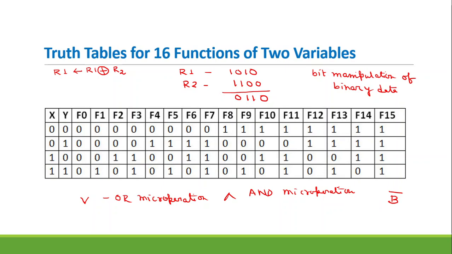There are 16 different logic operations that can be performed with two binary variables. They can be determined from the truth tables given in this slide. Here the 16 columns F0 to F15 represent the truth table of one possible Boolean function each.